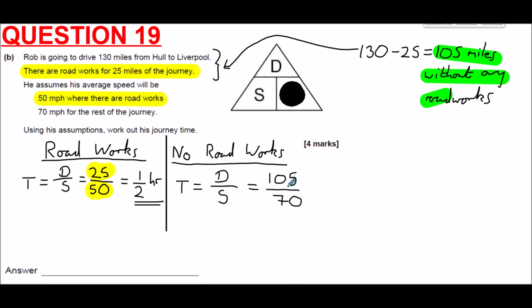So again with this one, we can simplify it down. So taking it step by step, what we can do is think about what we can divide 105 by and divide 70 by. If a number ends in a 5 or a 0, it means you can divide it by 5. And so what we can do is the top and the bottom and divide it by 5.